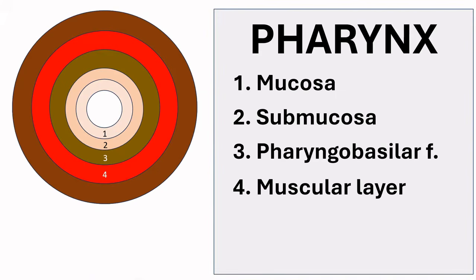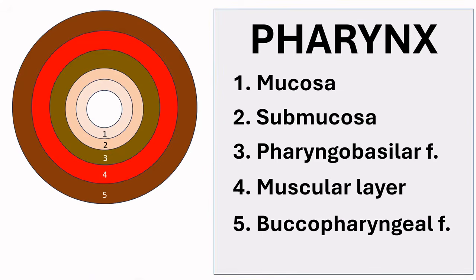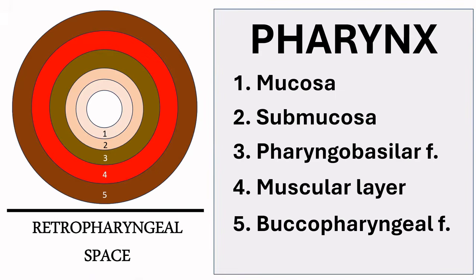And the innermost fascial layer surrounding this muscular layer is called the pharyngobasilar fascia, and the outermost fascial layer is called the buccopharyngeal fascia. And these two are extremely important, despite the fact that we can't really see them on imaging, or not quite well, because these are very thin structures. They are very important to understand the organization and the function of the pharynx.